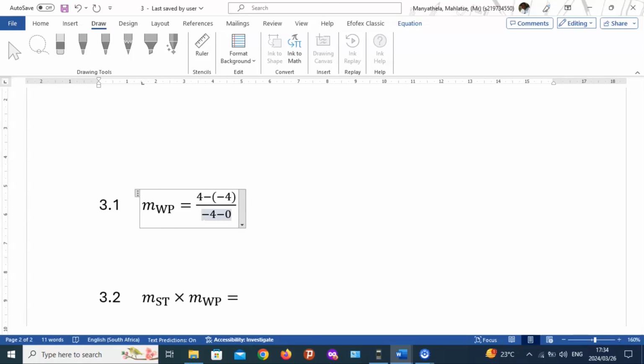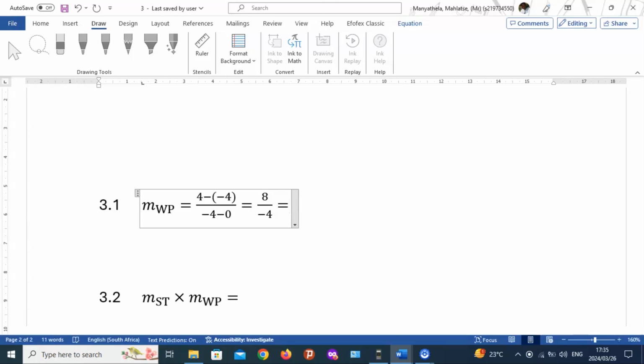The difference in y values over the difference in x values. So 4 minus -4 will give us +8. -4 minus 0 will give us -4. So the gradient will be equal to 8 over -4. 4 goes into 8 two times.